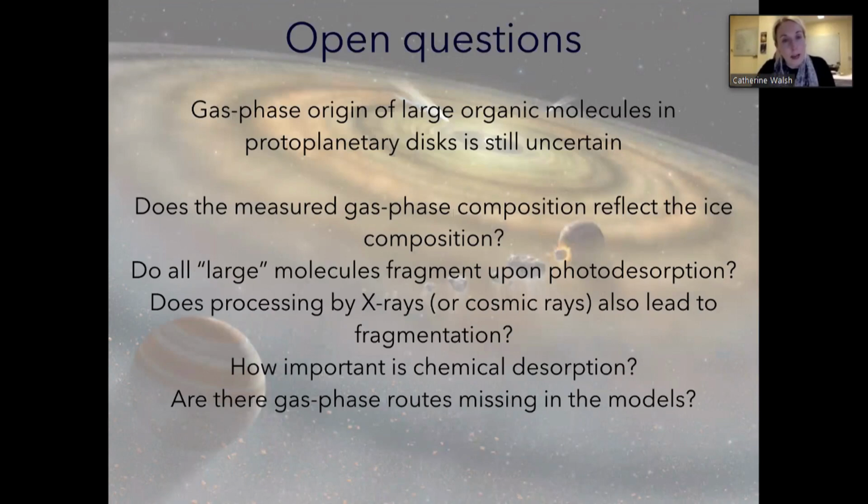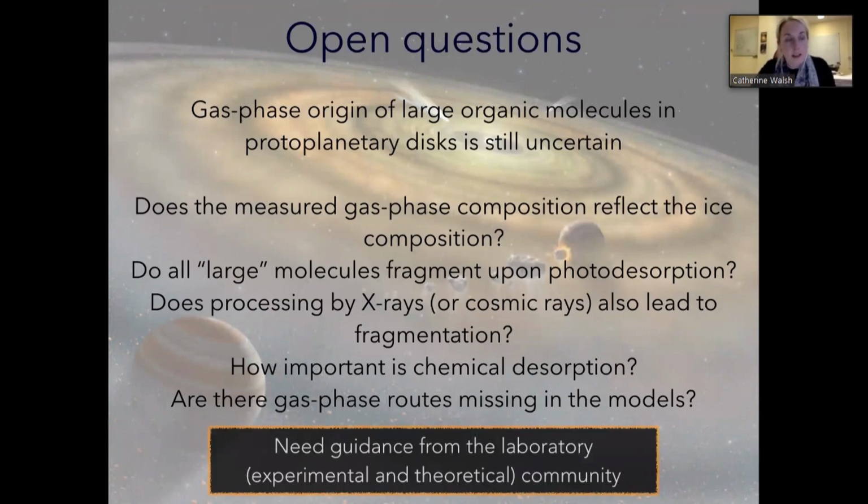When I talk to people like ALMA, she's a little suspicious that perhaps the same thing might be able to happen, that the larger molecules are just floppy and have enough degrees of freedom and can dissipate their energy instead of breaking the physisorbed bond between the molecule and the surface. But I think it's something that we can approach from many different angles to try to understand better. So the lab community can help us, I think, with these questions.